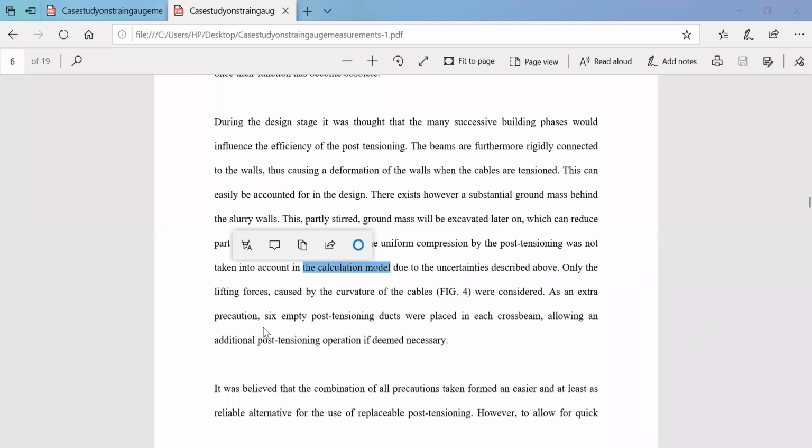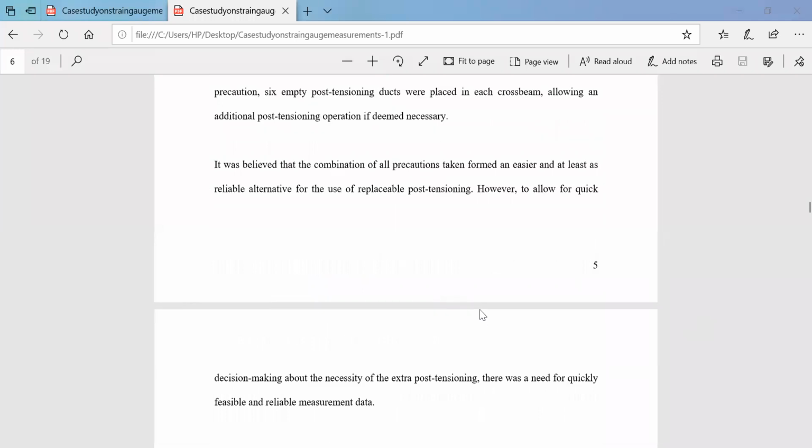They considered only 6 empty post tensioning ducts in each cross beam, which was basically a shortage for such a huge bridge construction, and this allowed an additional post tensioning operation. Since only 6 post tensioning ducts were placed, this resulted in adding on post tensioning operations. Okay, so this was one more uncertainty.